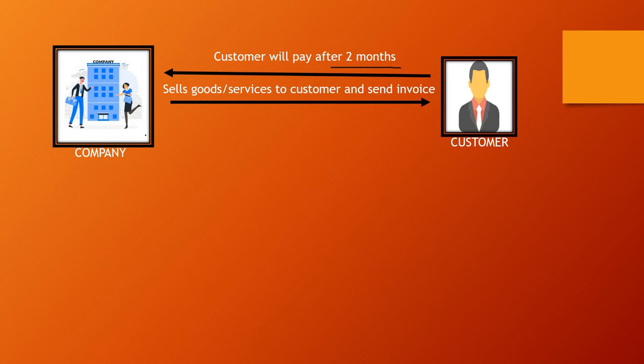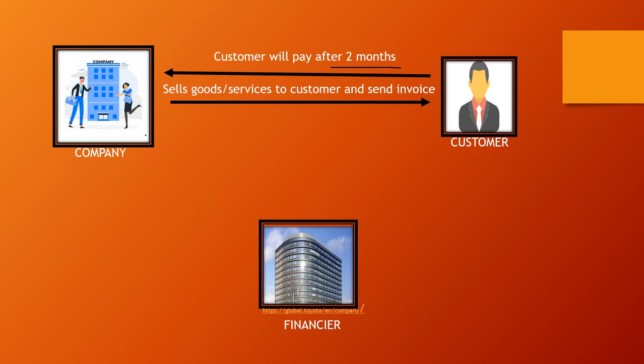Now what does the company do? The company approaches one financial company. This is a company that is ready to give money to this company. When it gives the money, it will charge something, either interest or some fees, and it will also charge some collateral.